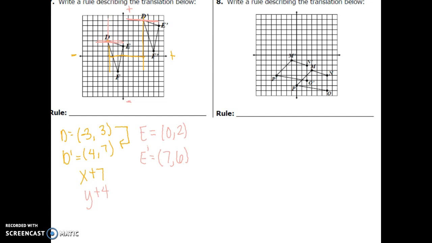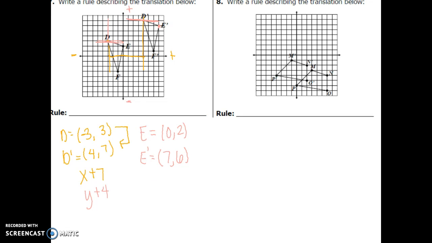That's my prediction, if this rule is correct, of where this would be. So let's find it. It says 7 in the X direction: 1, 2, 3, 4, 5, 6, 7. And then we'd go up 6: 1, 2, 3, 4, 5, 6. Perfect. That is where E prime actually is.